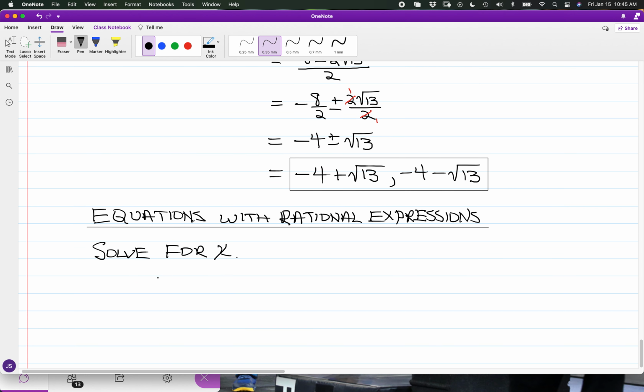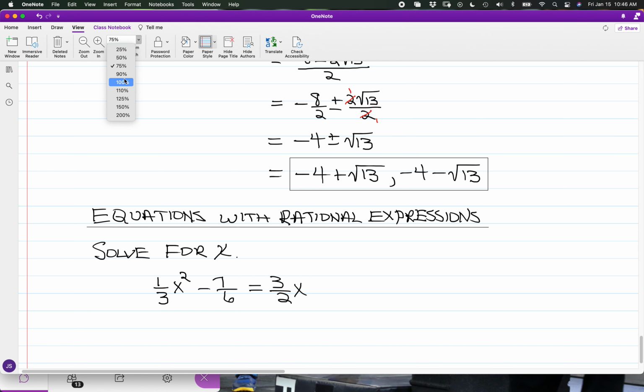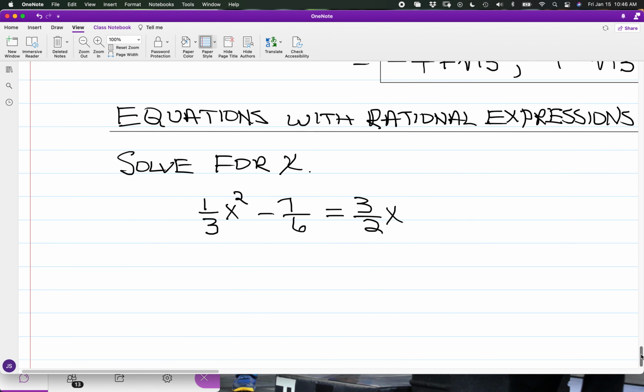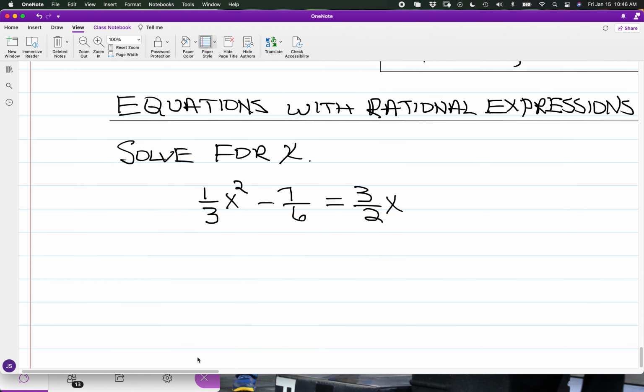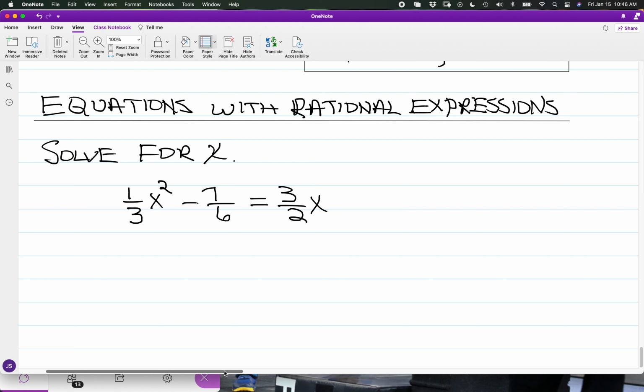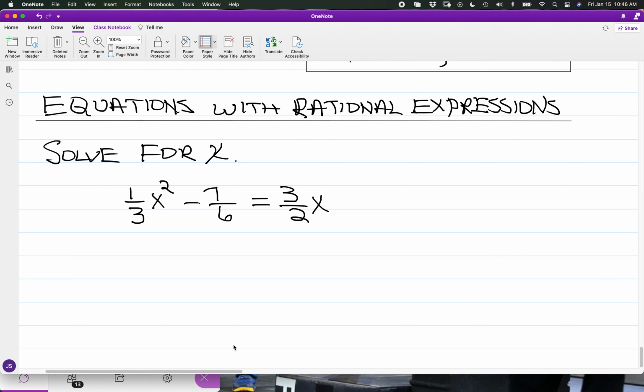in your textbook, whereupon we have 1/3 of x squared minus 7/6 is equal to 3 halves of x. Now we have a quadratic equation, and you could move the 3/2 x to the middle and have this set up in standard form, with fractional coefficients.